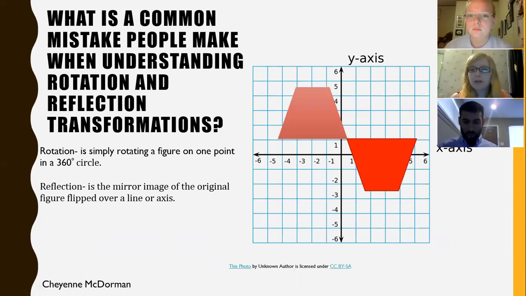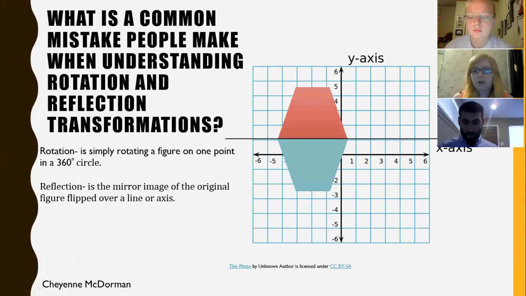But if you look at the bottom right corner of the trapezoid, that is where it is rotated on. A reflection is a mirror image of the original figure. So that means that the figure that you are looking at is now a reflection of the pink trapezoid. Alrighty, thank you so much. You're welcome.